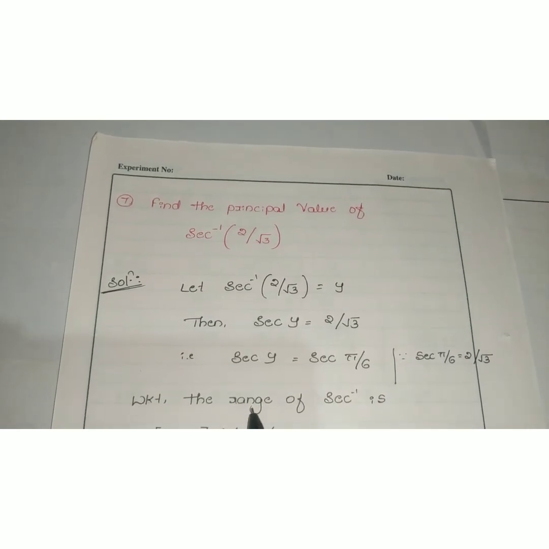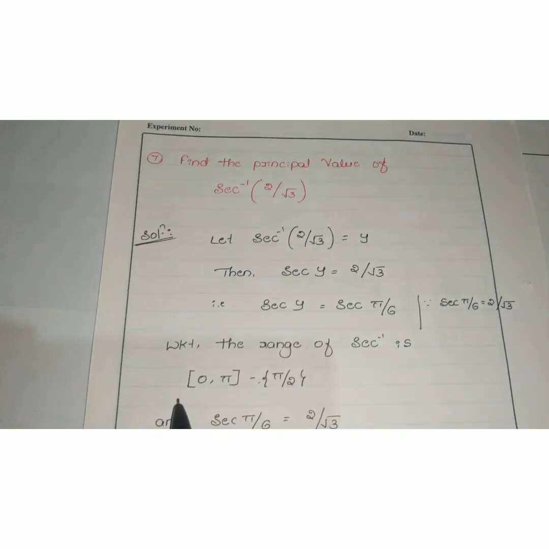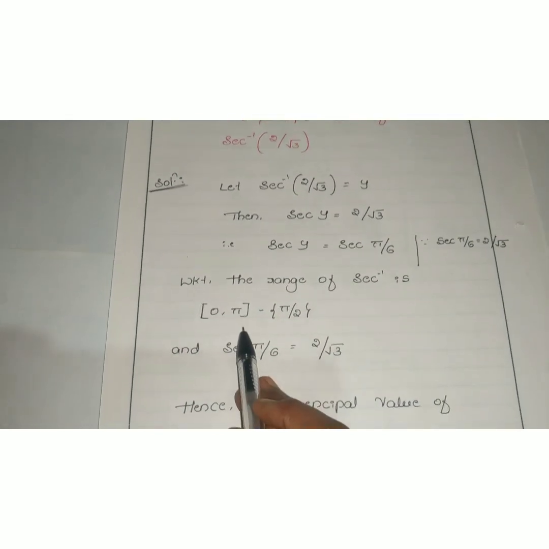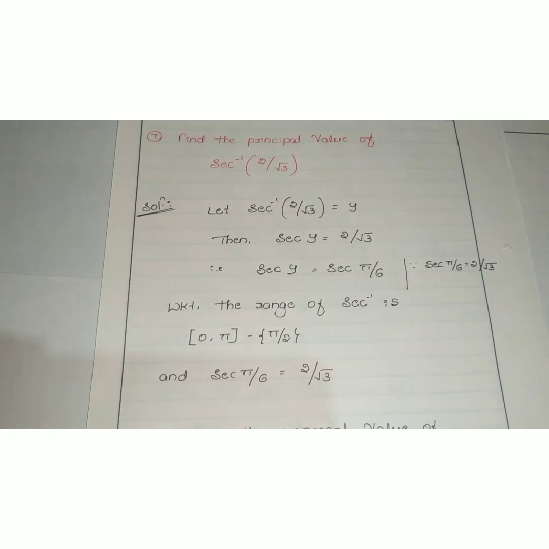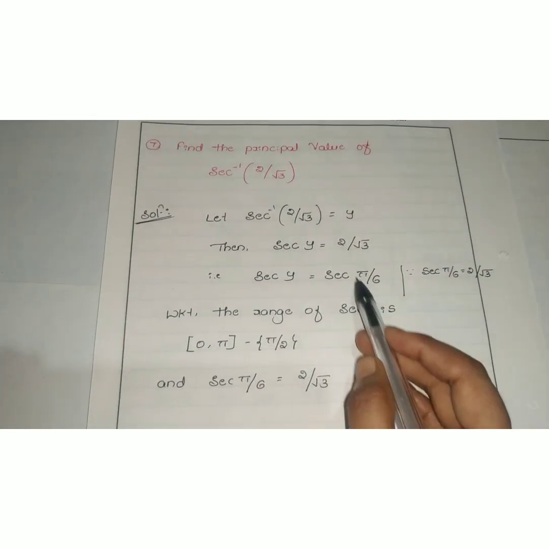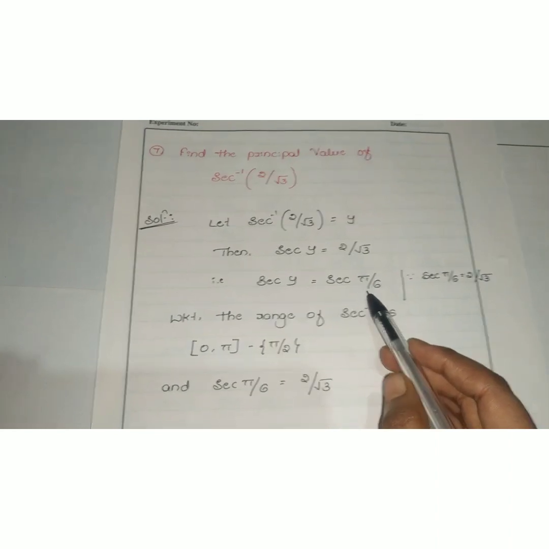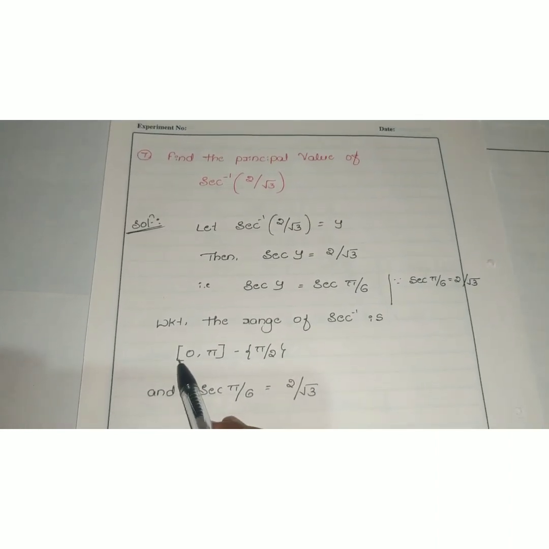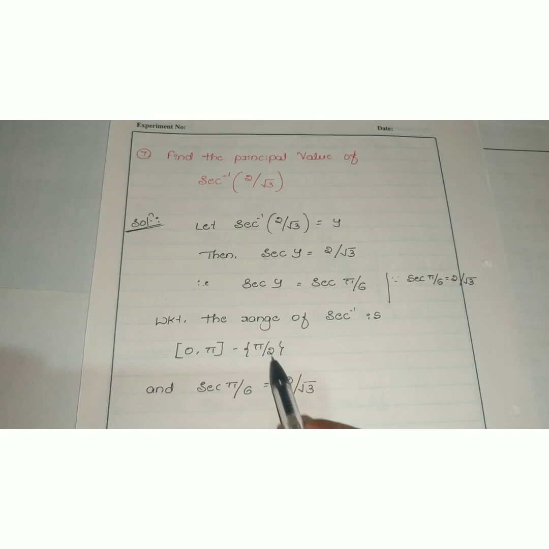And we know that the range of sec inverse is the closed interval 0 to pi except pi by 2. And sec pi by 6, sec 30 degree value is 2 by root 3. And check pi by 6. Pi by 6 lies in the closed interval 0 to pi except pi by 2.